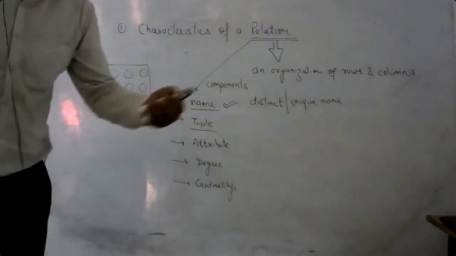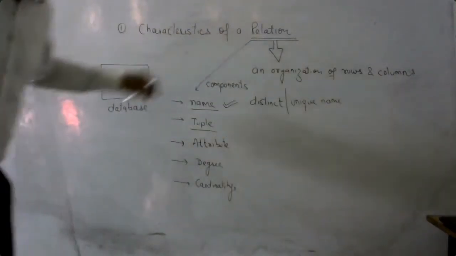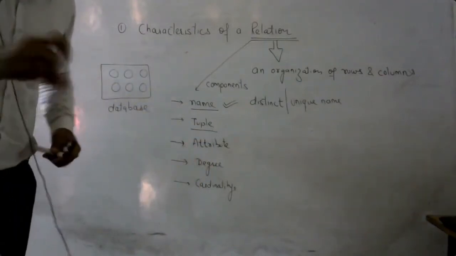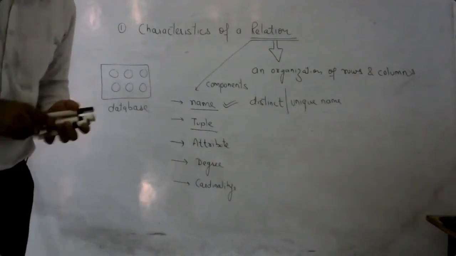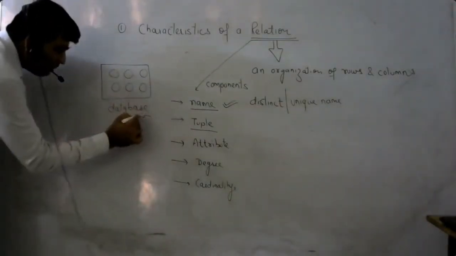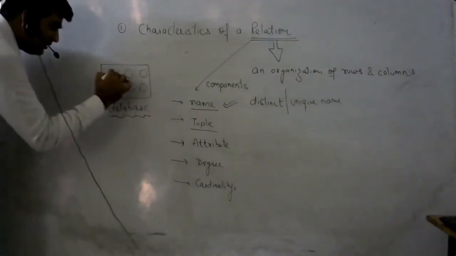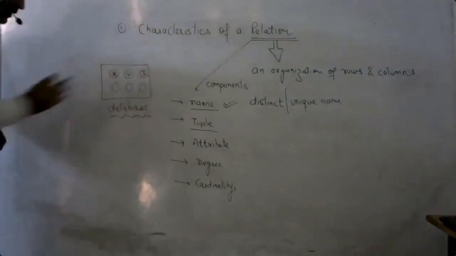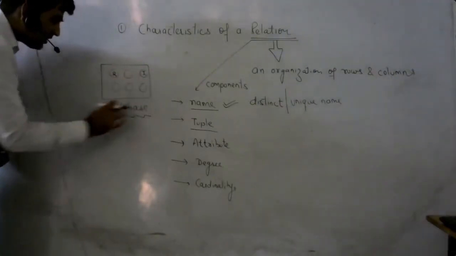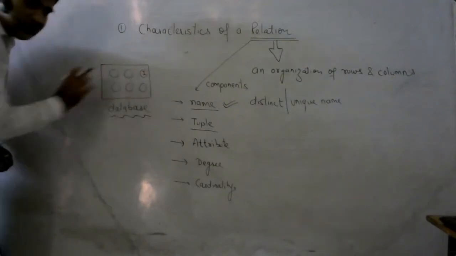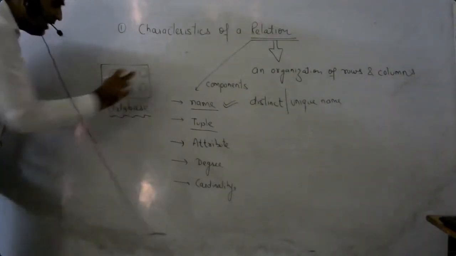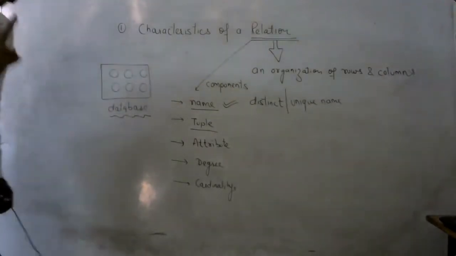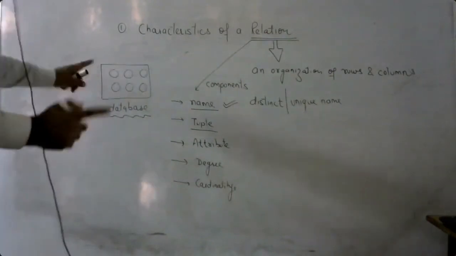Whenever we talk about a database, which is a collection of relations, apart from relations there are views and indexes or indices. Because you don't know the terms views and indexes yet, I'm not going to talk about them. But when there is more than one relation in a database, no two relations or tables can have the same name.